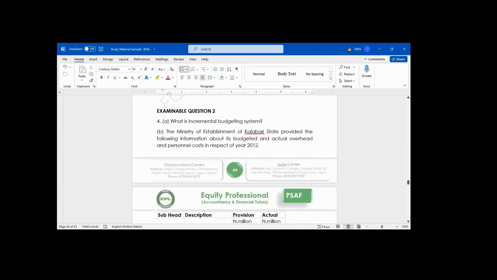Question 2. What is incremental budgeting system? Question 2B.